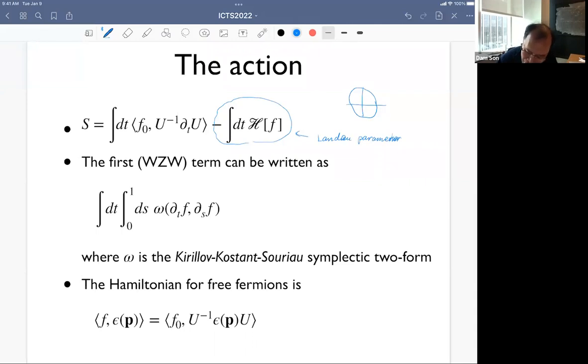But the first term has a very peculiar form. One can write it in this way.